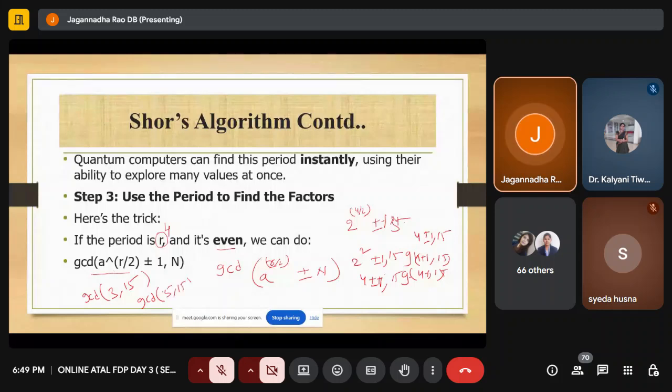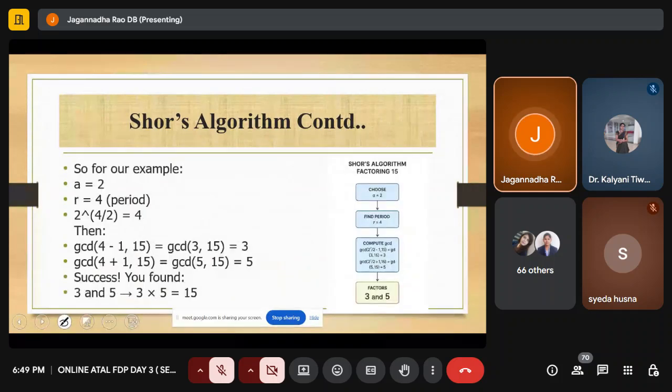So for a equal to 2 and r equal to 4, you calculate the GCD of 4 plus 1 and 4 minus 1 with 15. You already know how to calculate the GCD.